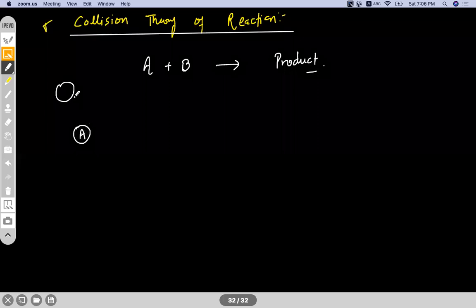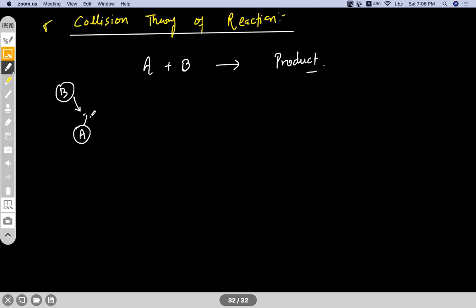Suppose this is A and this is B. Both collide with each other, and if this collision is effective, it gives the product, provided they have sufficient energy.